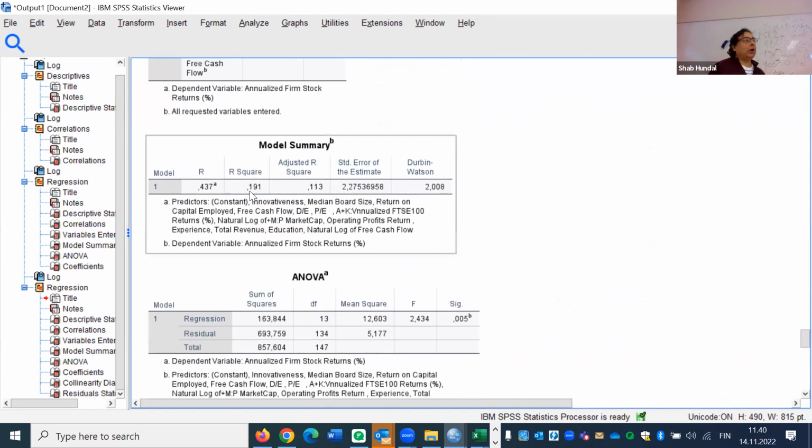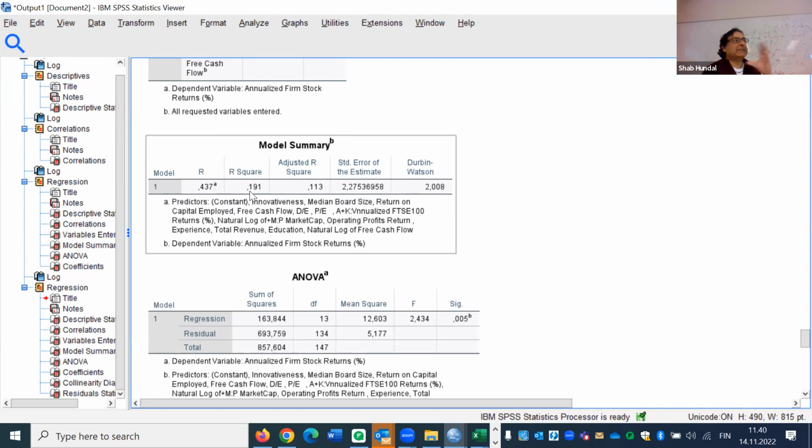Basically, it means that all 13 variables together are explaining 19.1% change in your dependent variable. So all the independent variables combined are explaining 19.1% movement in your dependent variable, which is annualized firm stock return. So 19.1% change we know, let's call it 20%.